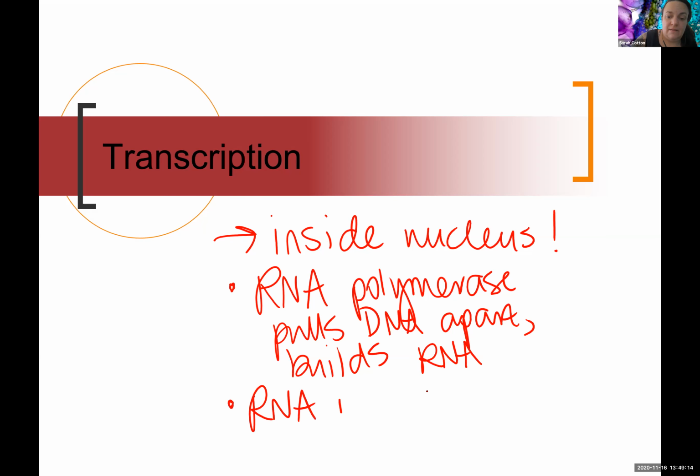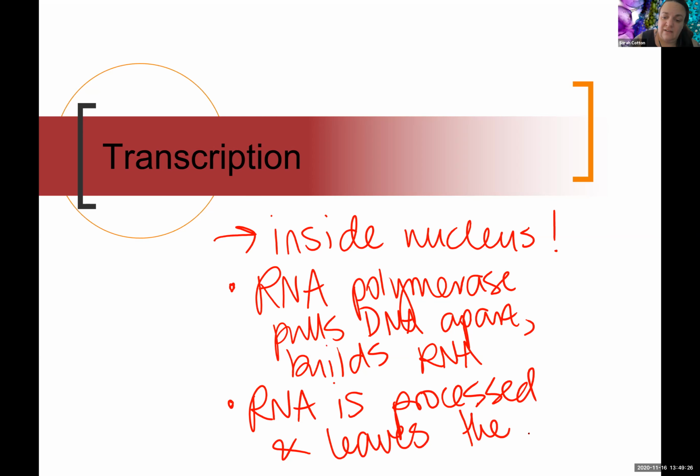Then the RNA is processed, those were the last slide we just looked at, and leaves the nucleus. So that's the bare bones of what transcription does. All right, we'll stop here, and the next video will be translation.